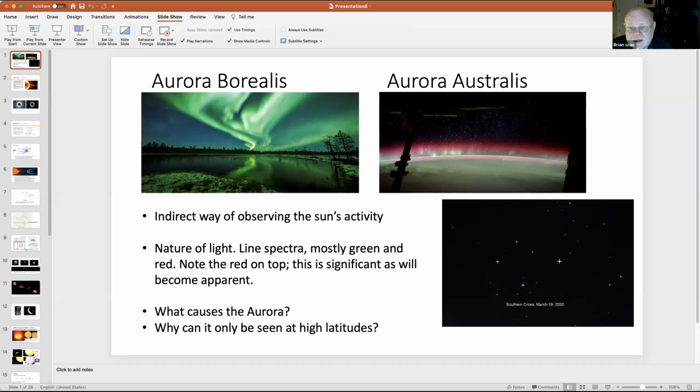So next morning in the operating room, everyone was regaling the wonderful aurora. And so I went out again and looked and saw nothing.